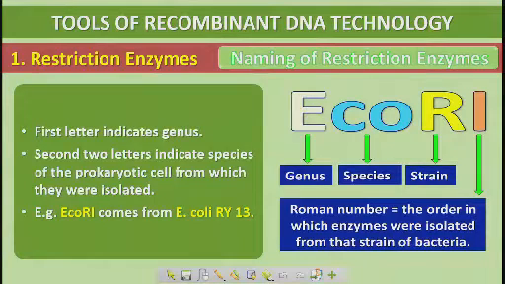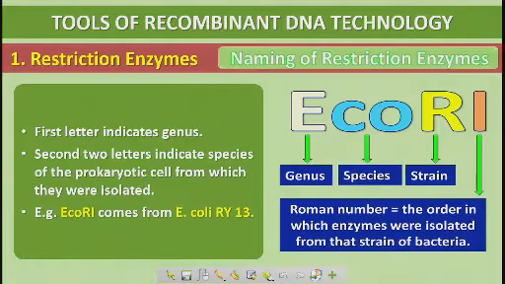In Eco, the capital letter E shows the genus of the prokaryotic cell, that is Escherichia, and the next two small letters indicate its species, that is coli.